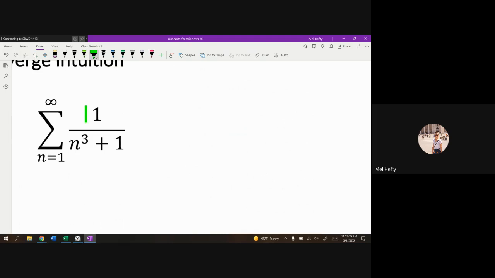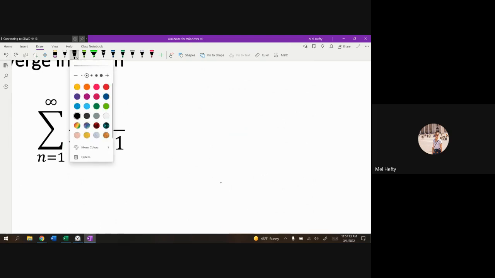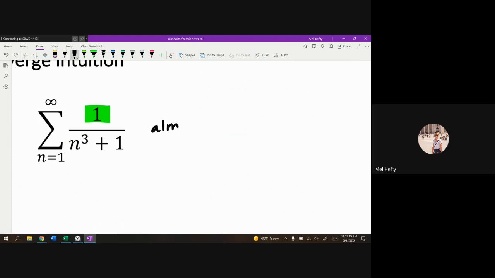I think it looks really close to a P series. This is almost the same as this series, right? 1 over n cubed. Do you think as I approach infinity that plus 1 on the bottom is going to do very much to this series? Probably not going to do all that much.